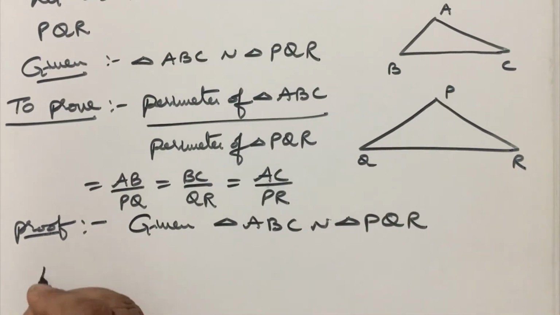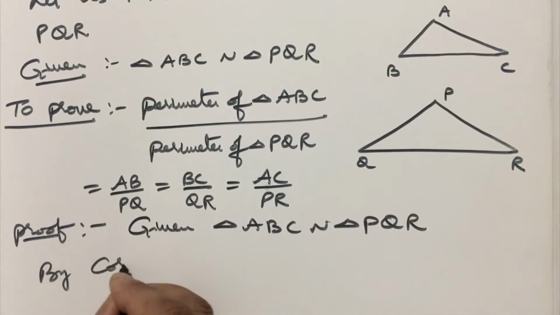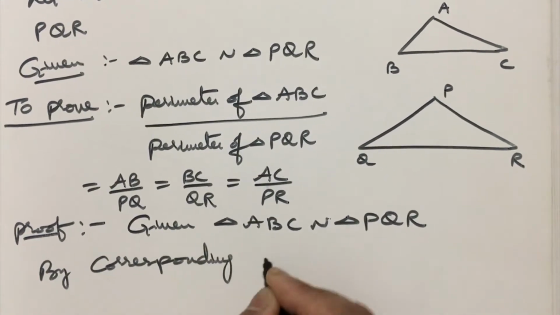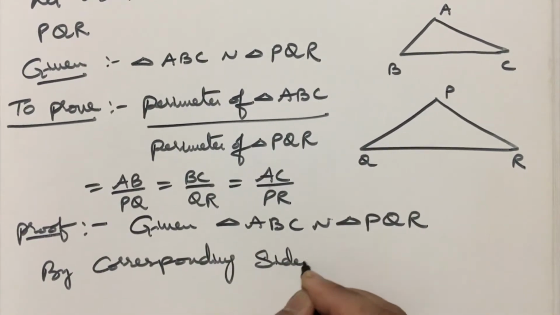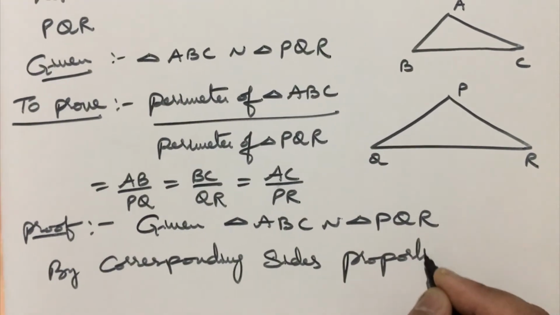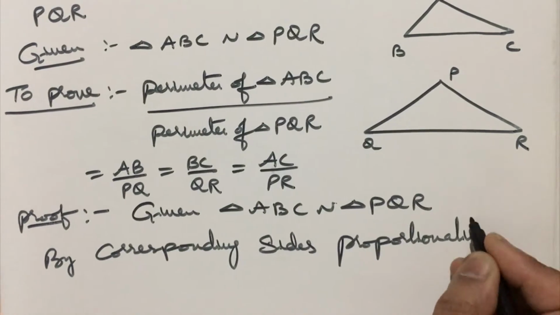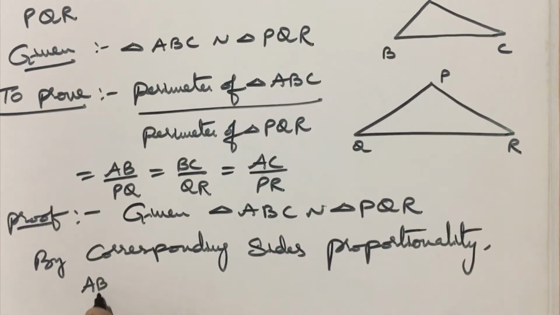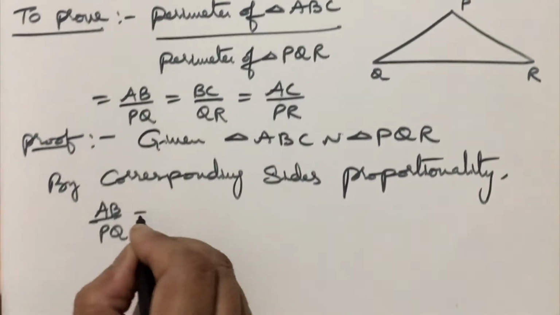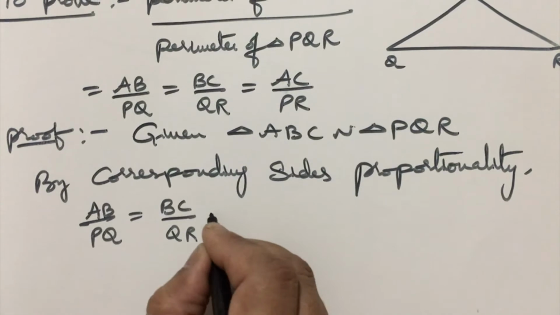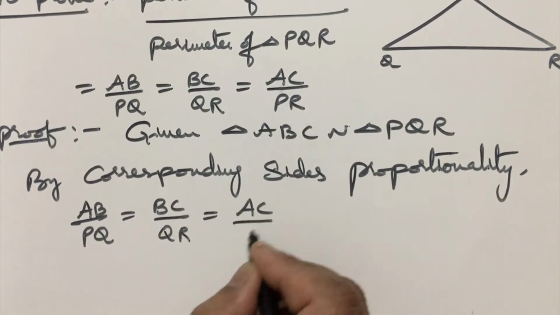So by corresponding sides proportionality, AB by PQ is equal to BC by QR is equal to AC by PR.